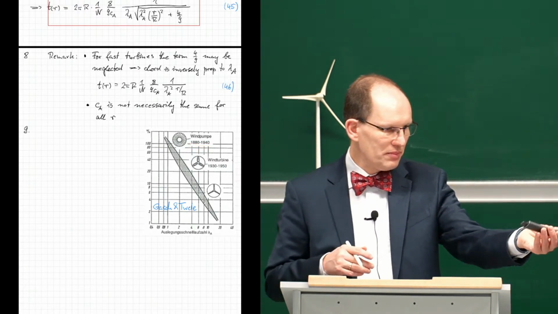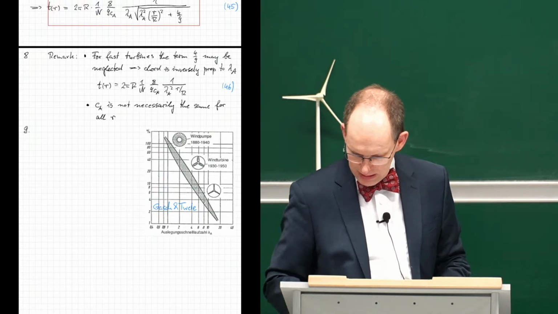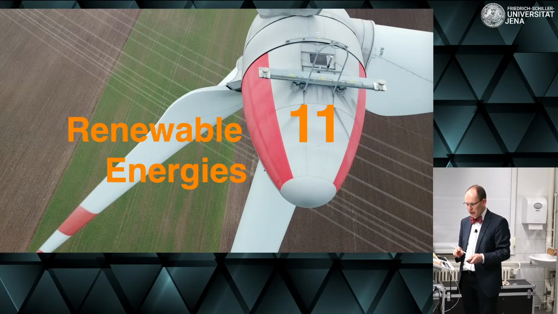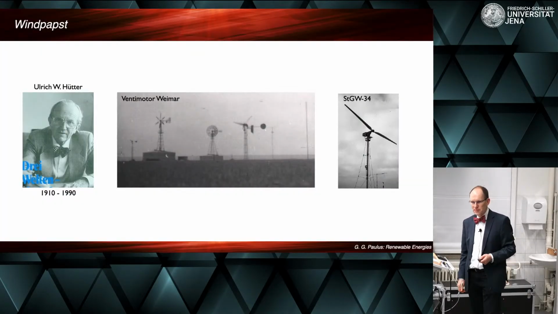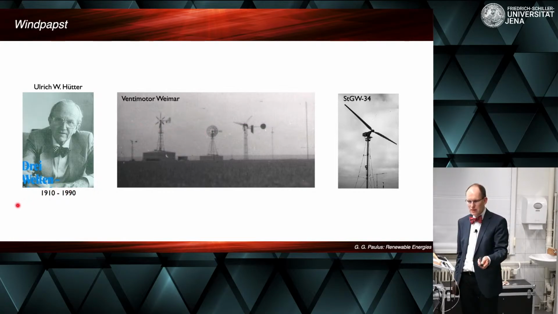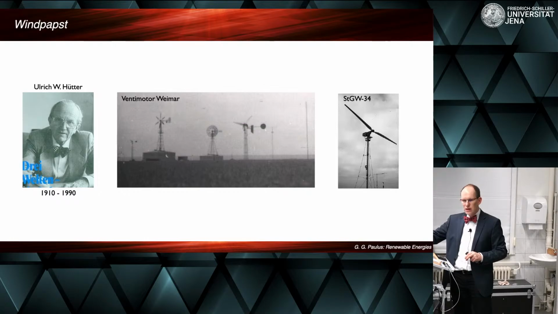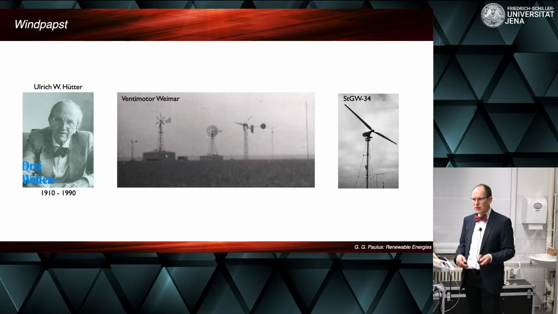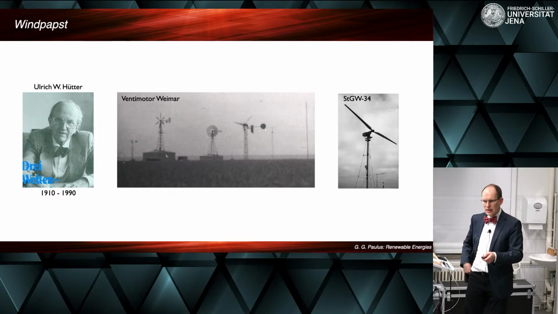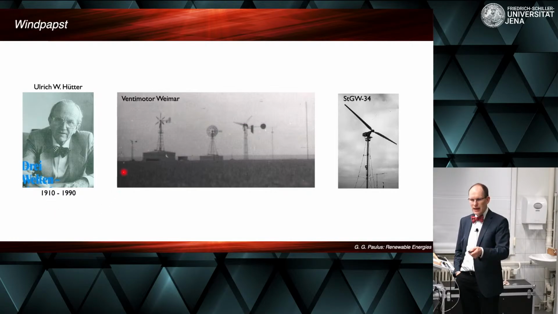So first of all, here is Hütter. Ulrich Hütter, and if you read his biographic data, then you see that he was a young engineer in the time of the Second World War, and he was working in this area at the Nazi company Venti Motor in Weimar. This is their test field in Weimar.